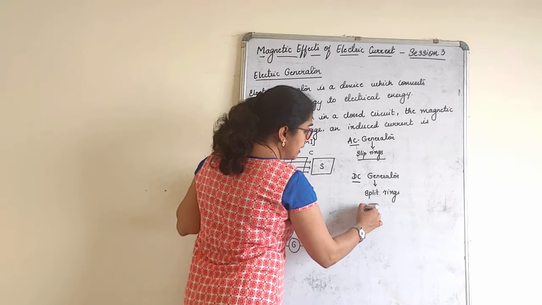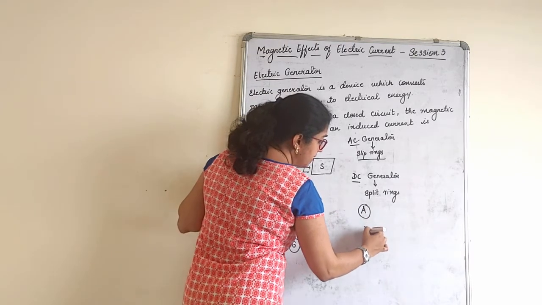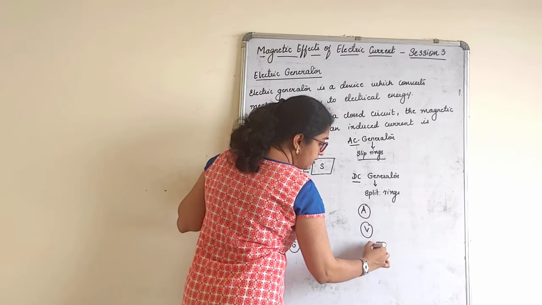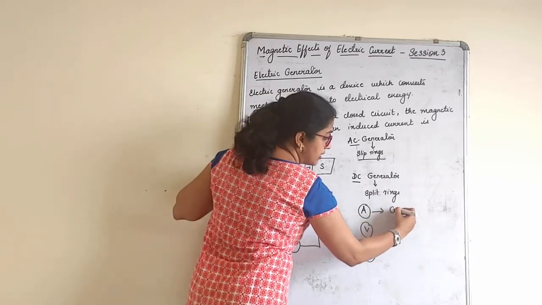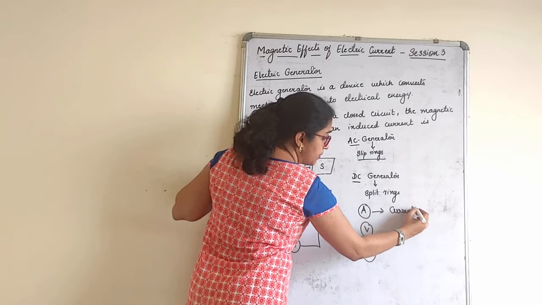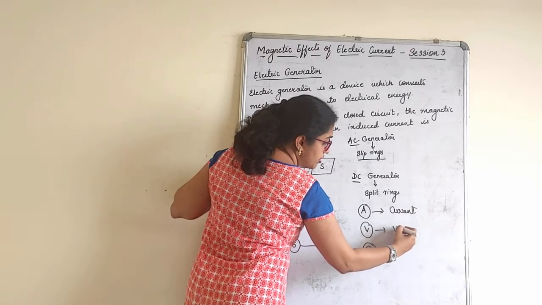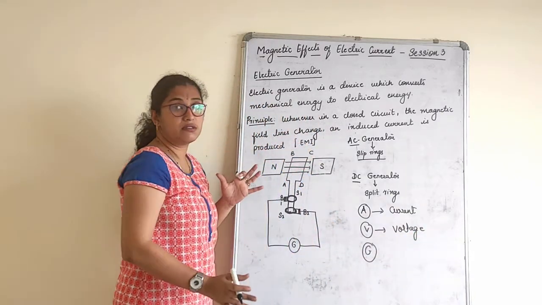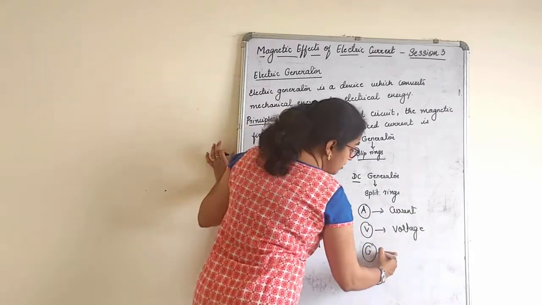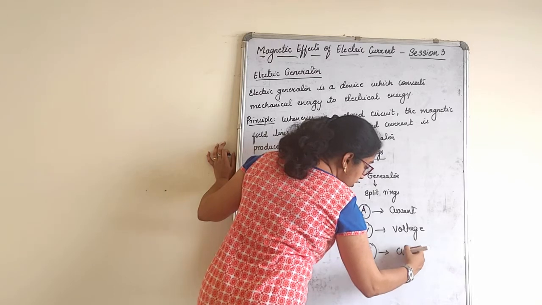Now, we studied the ammeter, we studied the voltmeter, and here we came across the galvanometer. An ammeter is a device used to measure electric current. Simple, we know this already. A voltmeter is a device which is used to measure the voltage, the potential difference across the circuit. A galvanometer is a device which is also used to measure current.